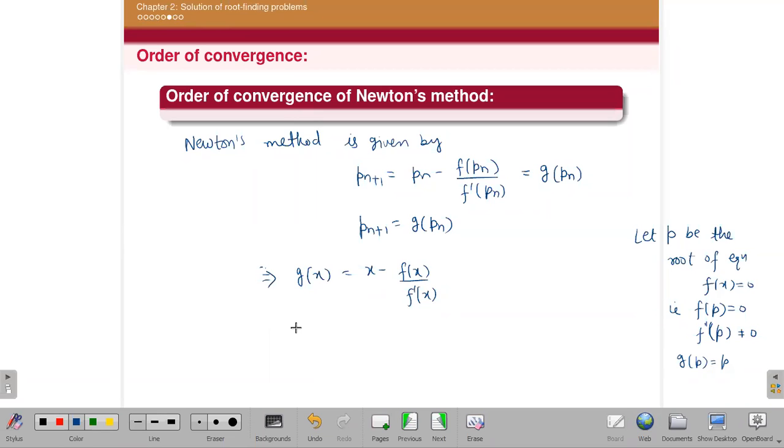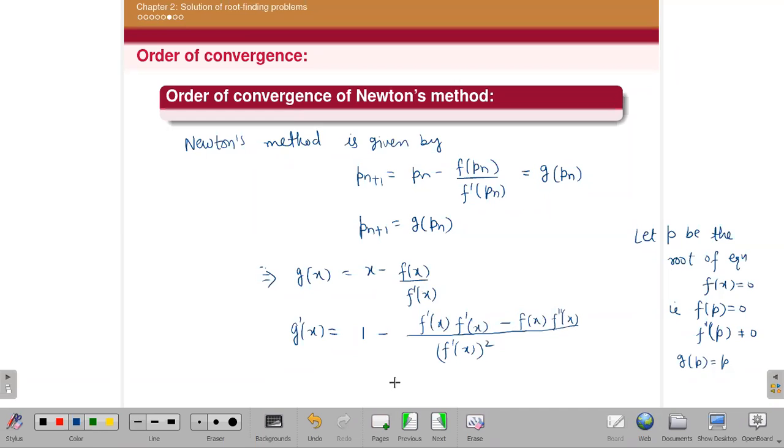So let us find its first derivative. It is 1 minus, f dash x whole square because it is a u by v form. So f dash x is as it is, first derivative of f of x is f dash x, then minus f of x as it is, times the derivative of this function.